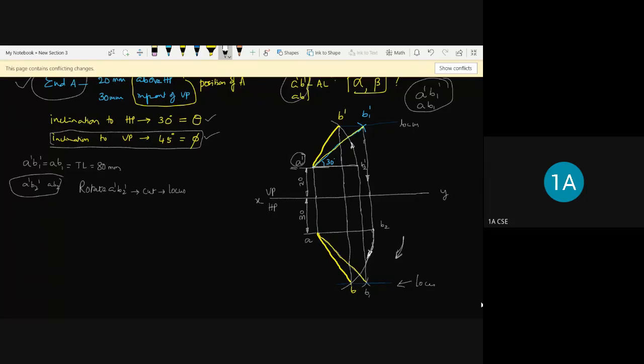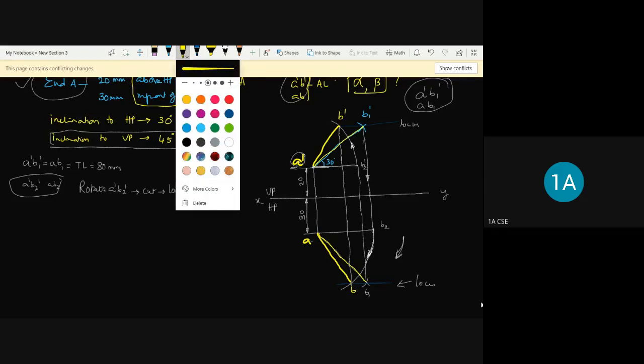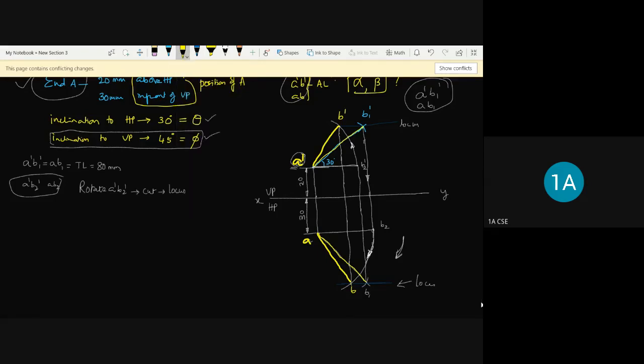So here the final views which I am representing, that is A dash, A dash B dash, and AB, should be thick. Comparatively, A dash B dash is thicker than A dash B1 dash.